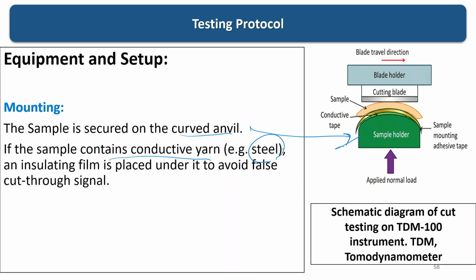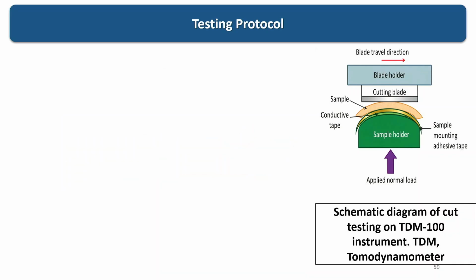If at all it is there, an insulating film is placed under the sample, okay, to avoid the false cut through signal. So, insulating films are used if there is any stainless steel.